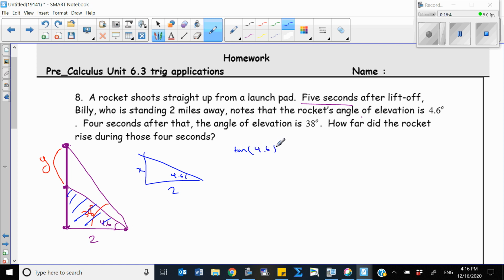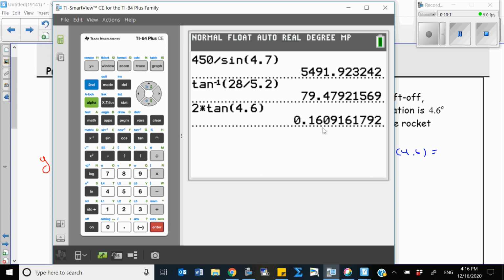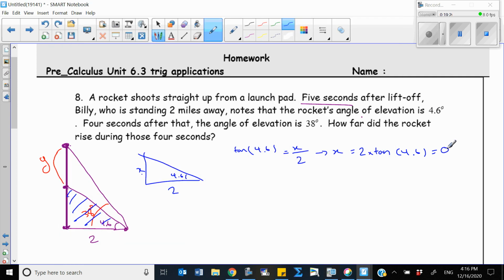Tangent of 4.6 is equal to opposite side, which is x, over the adjacent, which is 2. So from here, x will be equal to 2 times tangent of 4.6. I'm going to use my calculator to find that. 2 times tangent of 4.6. It will be 0.16. I'm going to write that 0.16.